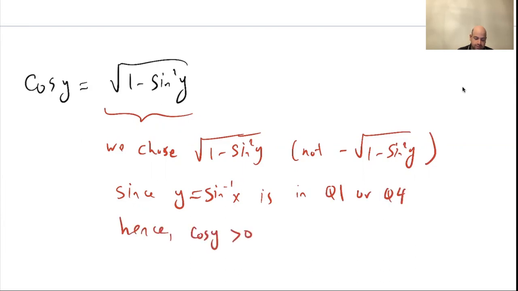And if cos y is positive, then we won't choose minus root 1 minus sine squared. We'll just simply choose positive root 1 minus sine squared.